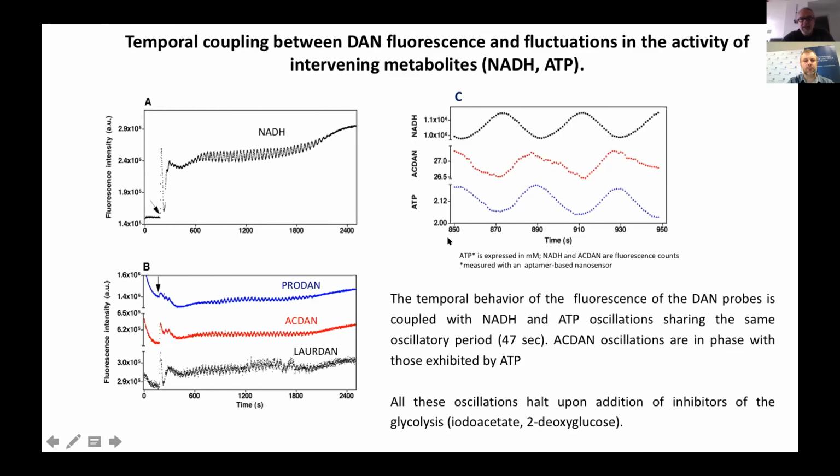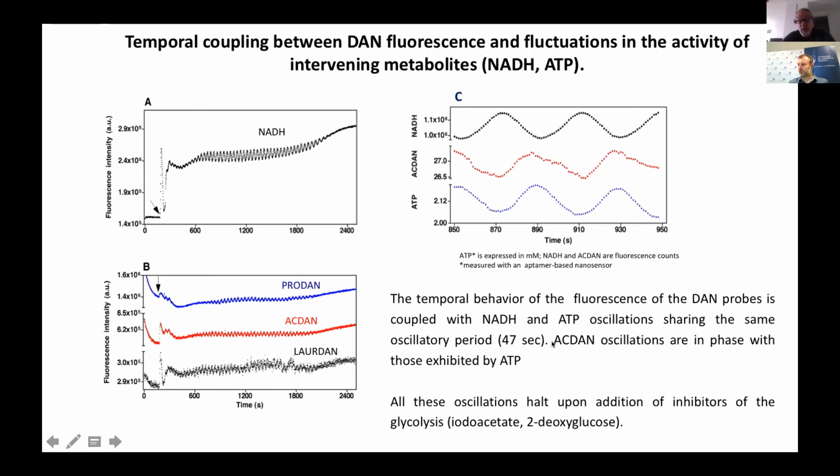So from this experiment, we can basically conclude that the temporal behavior of the fluorescence of these probes, from Laurdan to Acdan, seems to show that the whole cellular environment responding to this is coupled with the biochemical reaction and shows essentially the same period, okay?